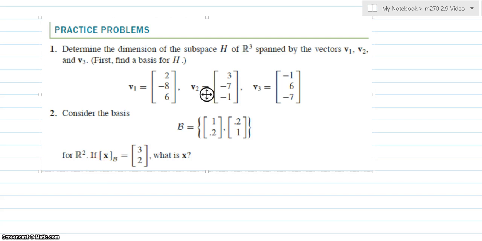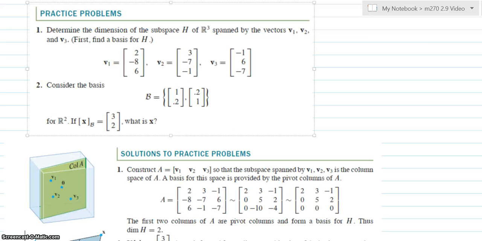If the beta coordinate vector of x is 3, 2, what is x? Going the other way around. So let's look at these solutions. You can try these first if you want. Pause before you go on and see the solutions in the book.